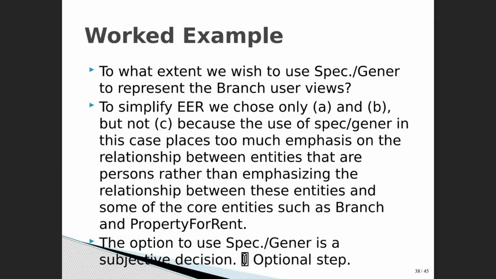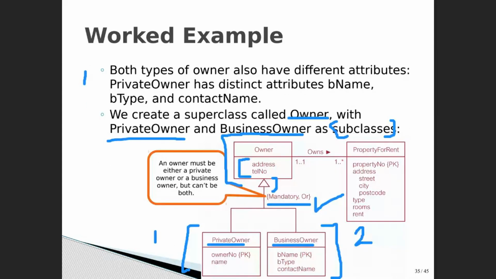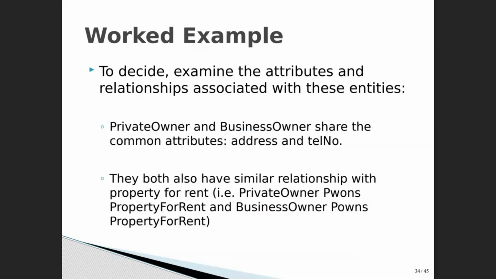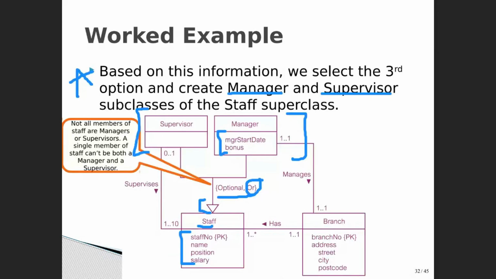We can simplify this by choosing A and B. This one is B, and the previous one is A. This is more applicable to the branch user view.